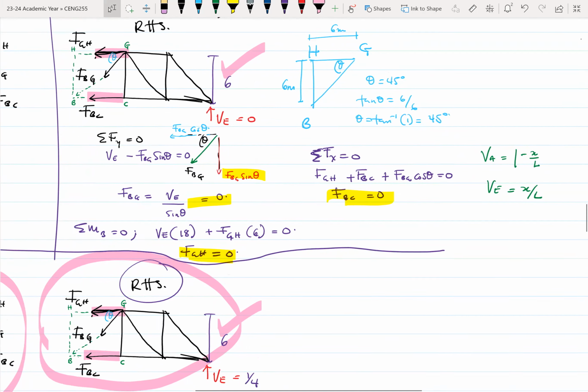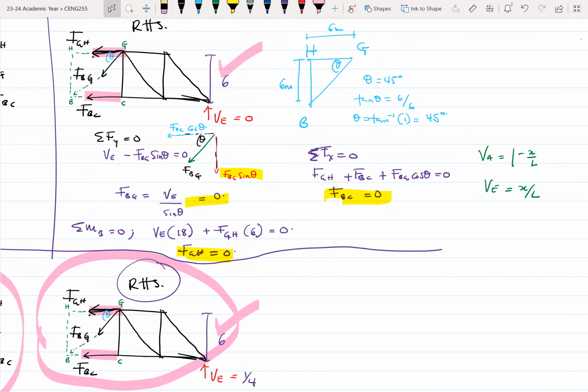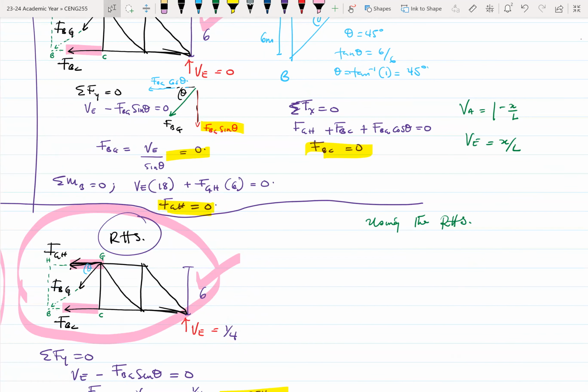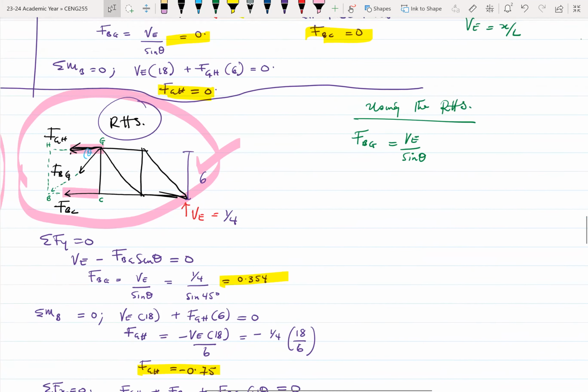When we are using the right-hand side for our calculations, we saw that FBG was equal to VE over sine theta. We saw that happening a lot.